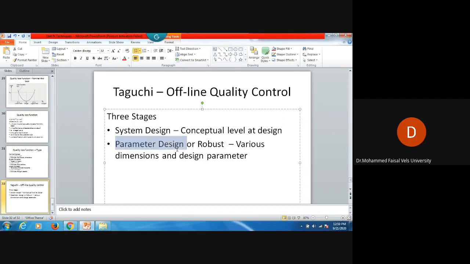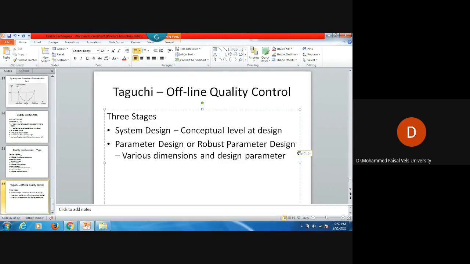We call it robust parameter design, where another important concept is the signal to noise ratio.